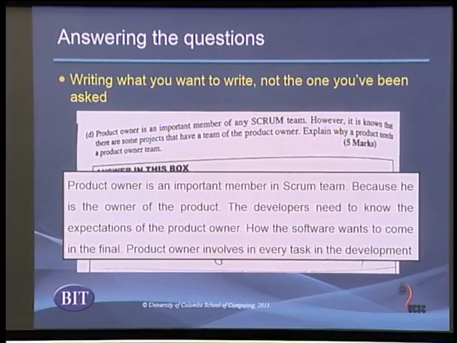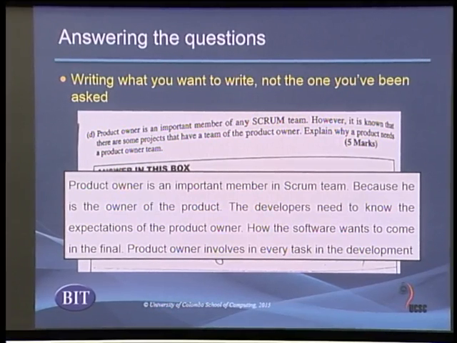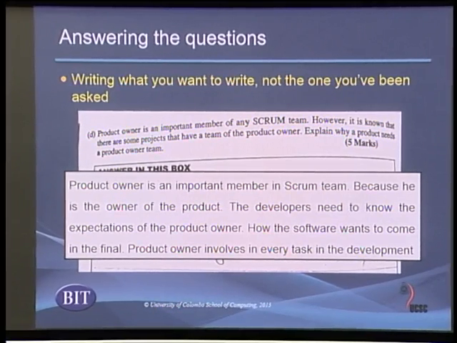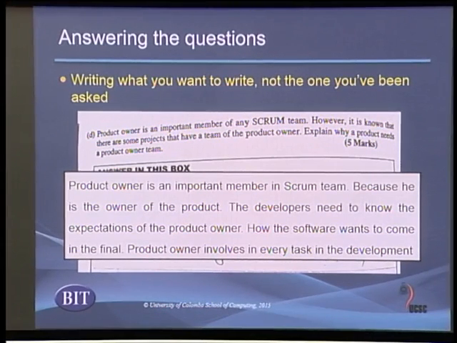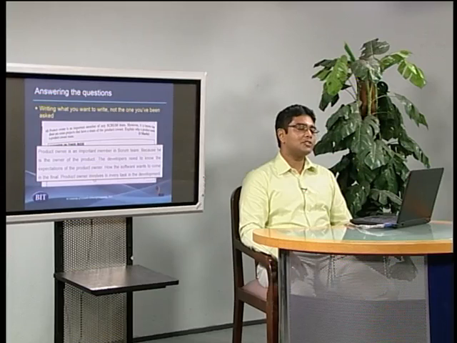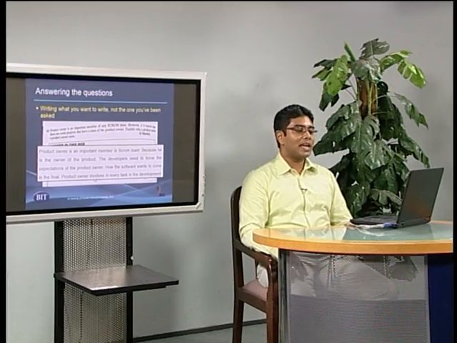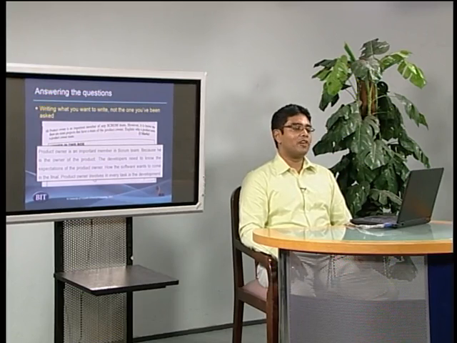I did not change the answer given by the student, so this is the exact answer that the student has provided. Can any of you see where he has mentioned the product owner team? The question clearly says explain why a product needs a product owner team, whereas the student has explained who a product owner is.